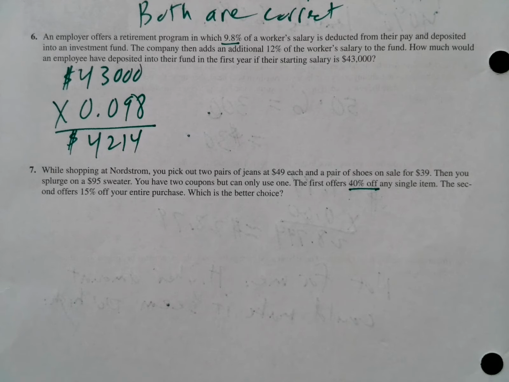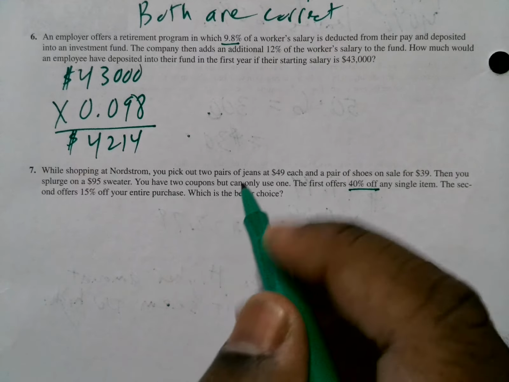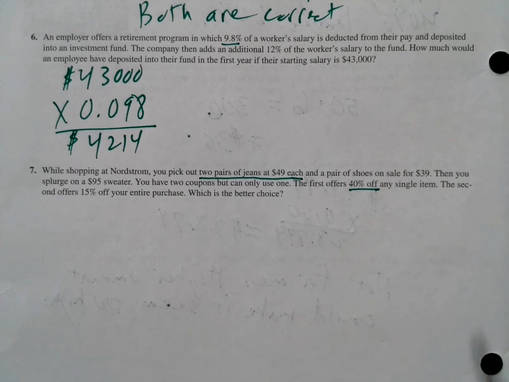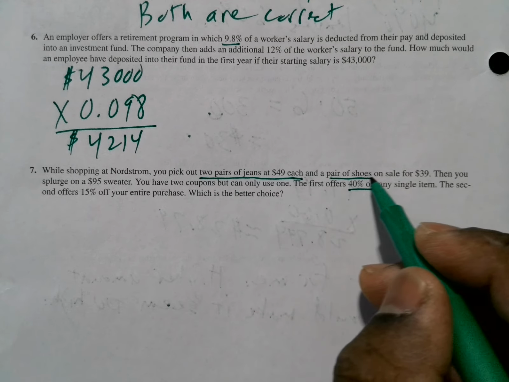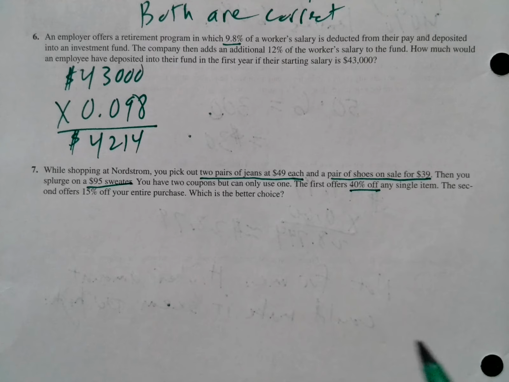So listen, before we start this problem, we have to assume that 40% off will go to the highest item when it says any single item. So let's look at what we have. We had 2 pairs of jeans at $49 each, a pair of shoes for $39, and a $95 sweater.